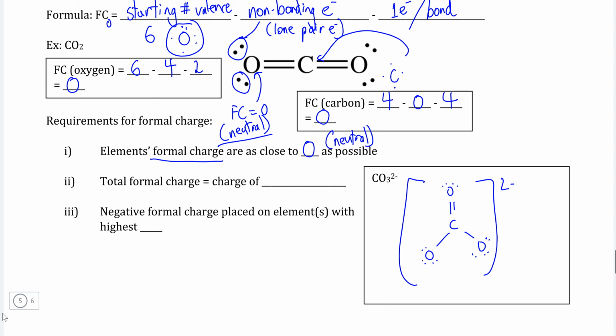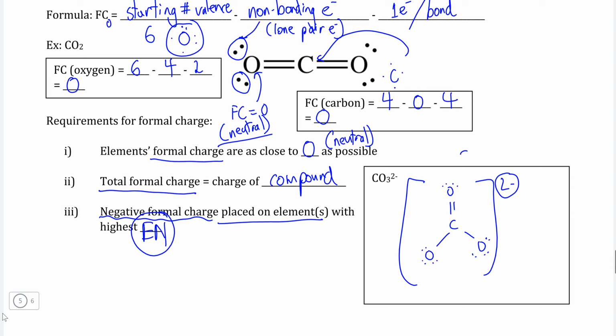Now, this is not possible in our case because the total formal charge of every atom in the structure is equal to the total charge of the actual compound itself, which means that we should find a formal charge of -2 in total in carbonate, meaning that if there is negative formal charge, it will always be placed on the element that has the highest electronegativity because this represents the element that is best at gaining electrons.